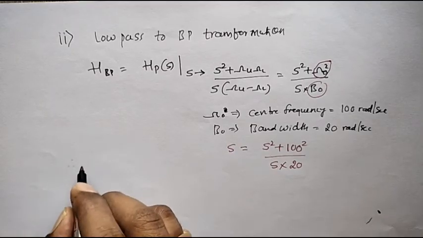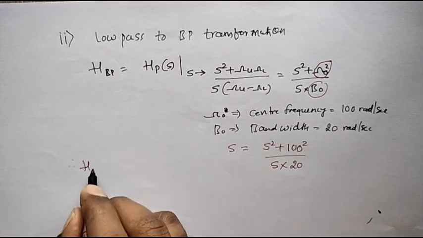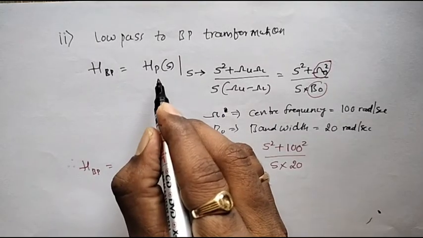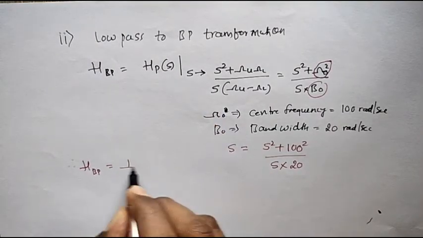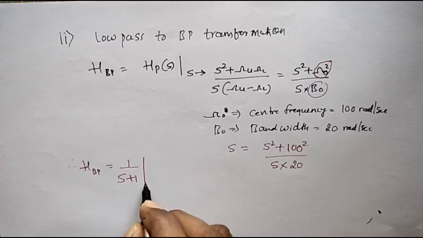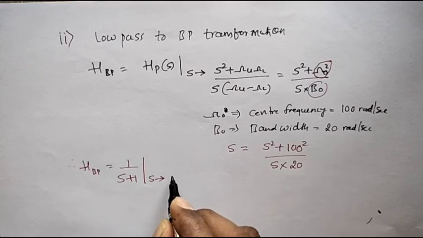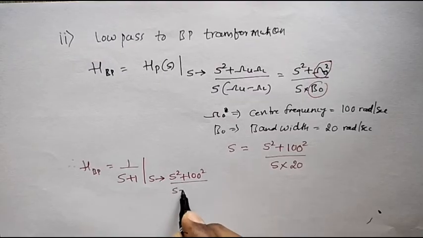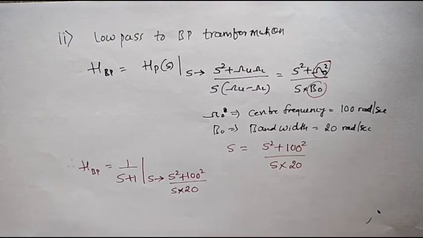Therefore the band pass filter is equal to the low pass prototype filter, which is given by 1 over S plus 1. Here S should be replaced by S square plus 100 square divided by S times 20.